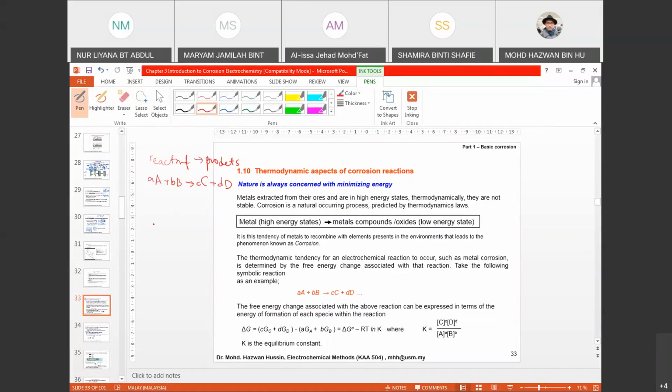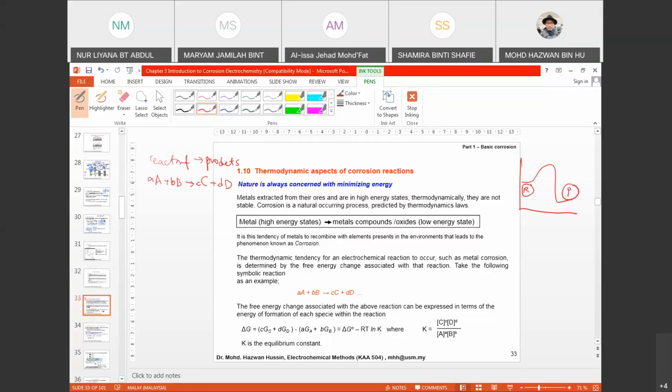the overall reaction is related with the changes of energy, because if you look at the energy diagram, this is the reactants and this is the products.